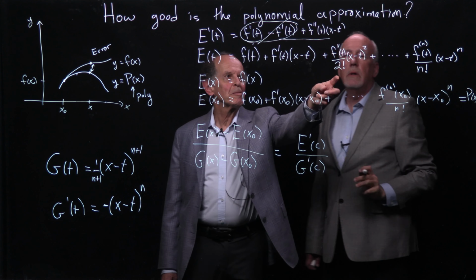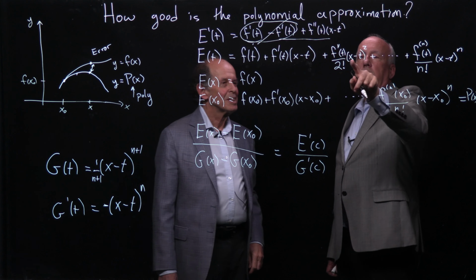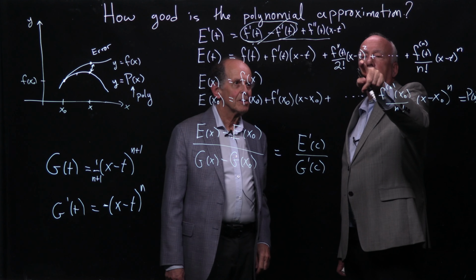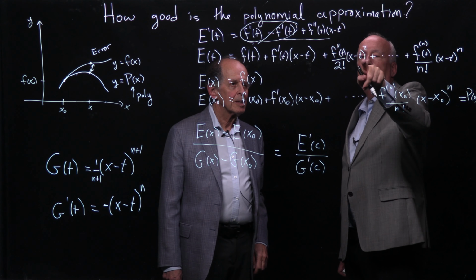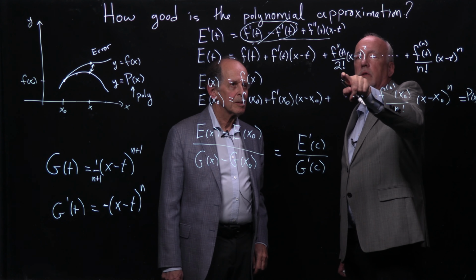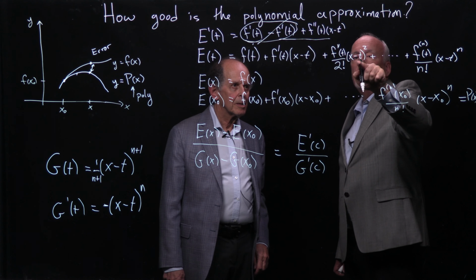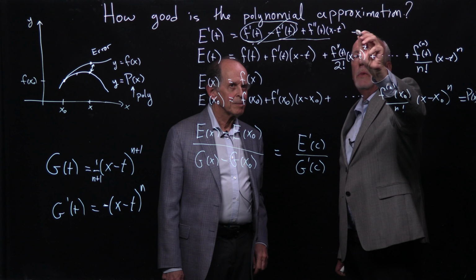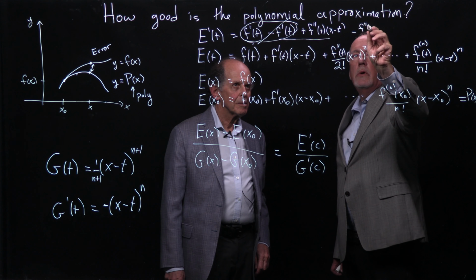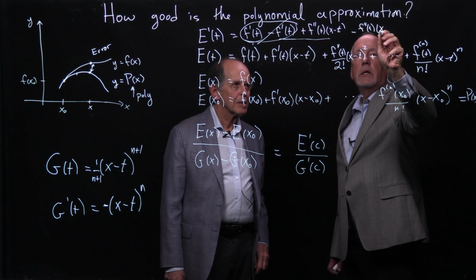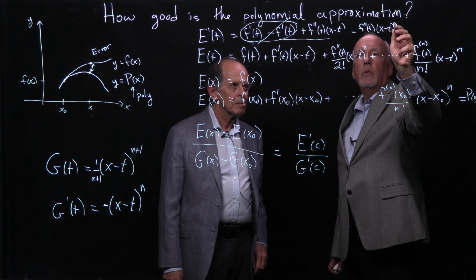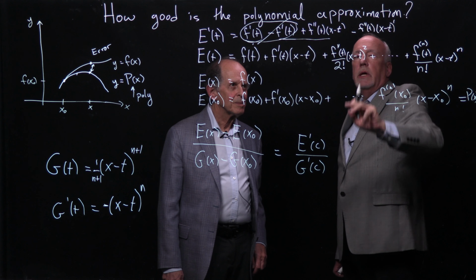Okay, take me one further. Well, look at this. If I differentiate the x minus t squared here, 2 comes out, cancels this 2 factorial, and there's a minus 1 because there's a minus here. So I get minus f double prime of t times x minus t to the 1 power. The 2's cancel.